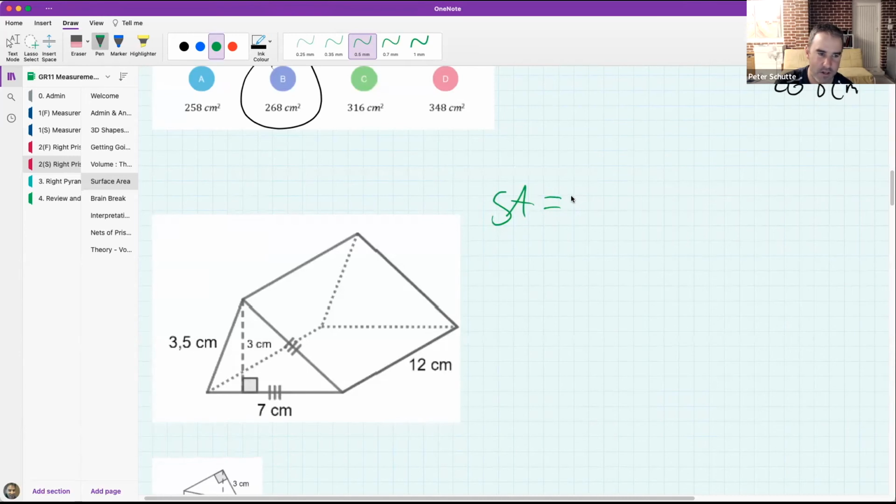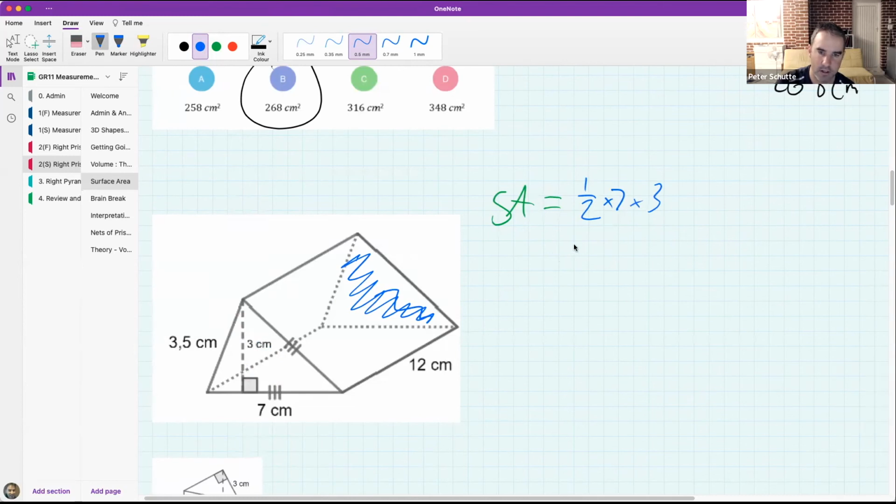Okay, so I know I'm going to have to double the front and back triangle. That would be a half times the base times the height. No problems there. Then I've got to get my three rectangles.